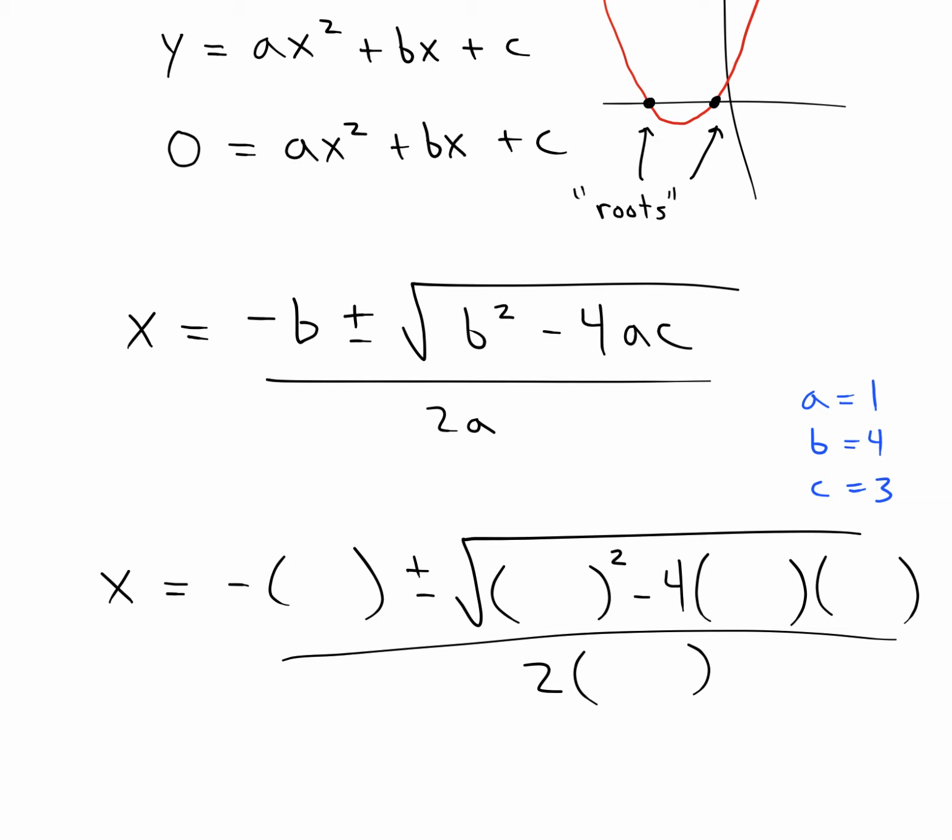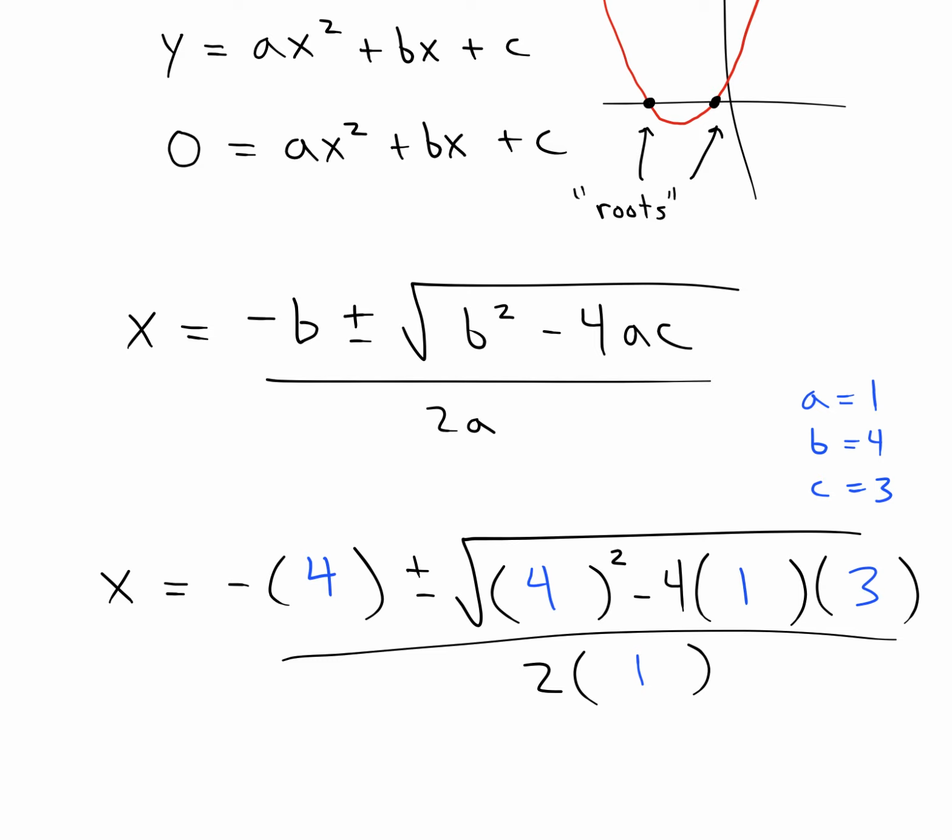And now I'm ready to plug the different things in. So for b, we have to plug in a 4. And we'll do that here as well. Over here we're going to want a, which is 1, and then c, which is 3. Down below we'll want a, which is 1. And now all I have to do is just correctly simplify that.